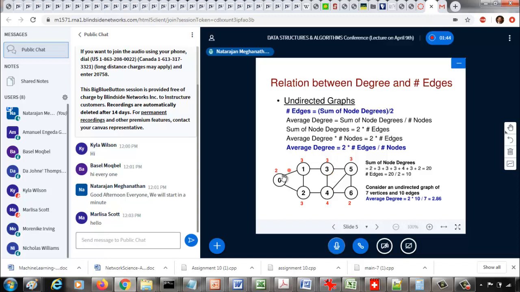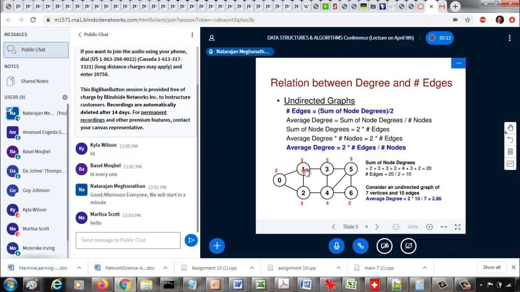So if you add all the degrees of the nodes and divide that sum by 2, that will give you the number of edges. That's basically because when you add the degrees of the nodes, when I say 2 plus 3, I am counting each edge twice. I count this edge once when I consider the degree of node 0, and I count this edge again when I consider the degree of node 1.